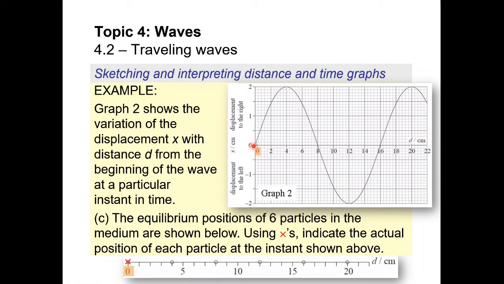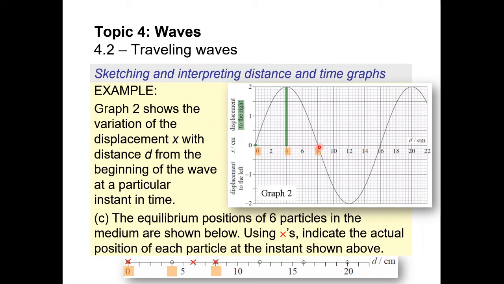Now let's move on to 4. At 4, displacement is to the right by 2. To the right, 1, 2, here. Now let's move on to 8. 8 has no displacement, so we cross it where it stays.